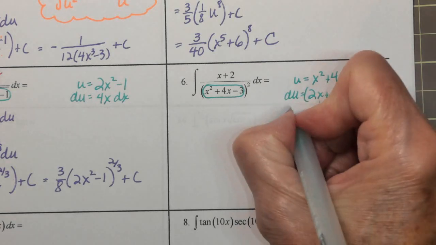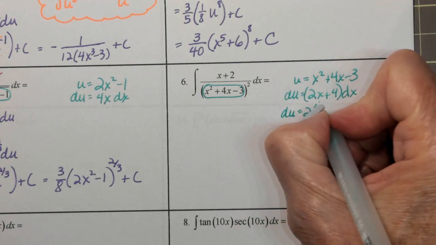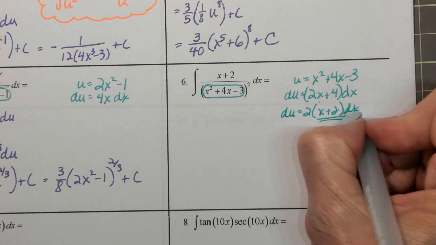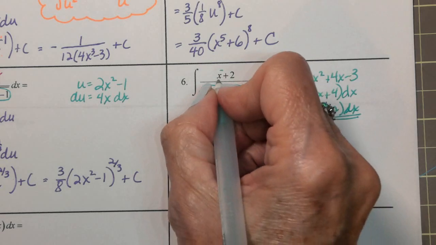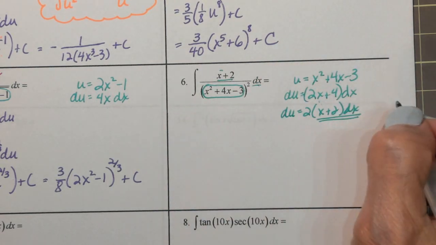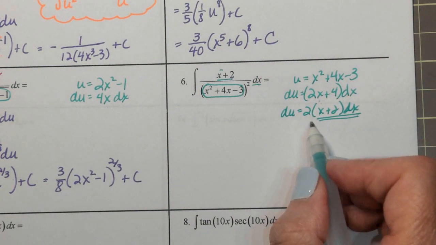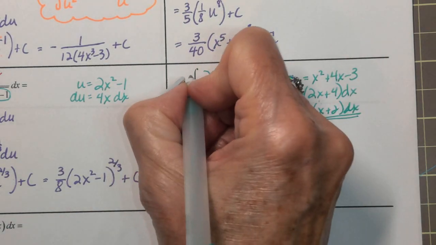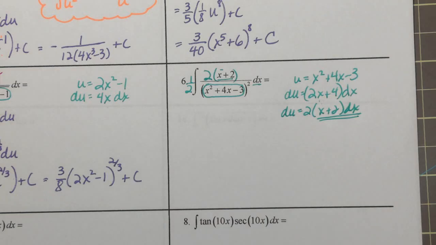If I factor a 2 out of this, then I have the x plus 2 here, dx. I need to multiply by 2 though, so I'm going to multiply by 2 on top, which means I need to multiply by a half on the outside to keep everything equal, everything legitimate.